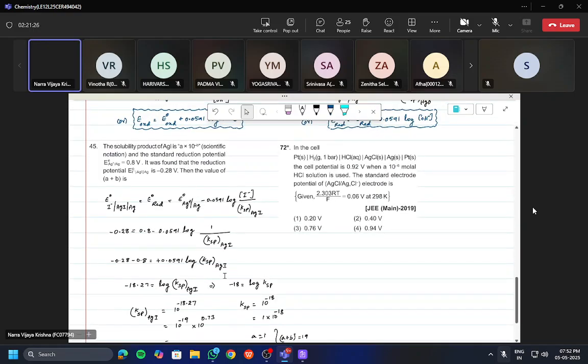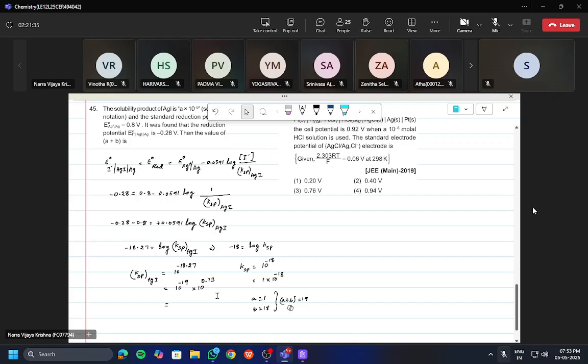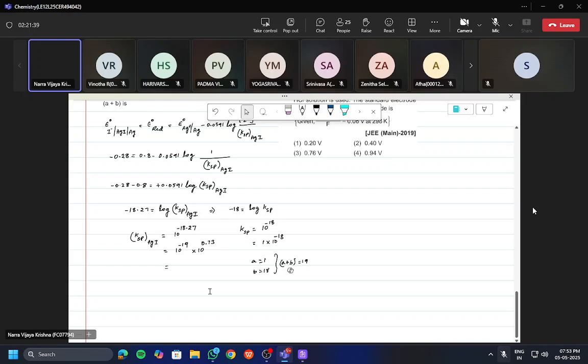In this question, two things they missed. One is the concentration of I minus. Second thing, rounding off. They should not do it. Right? Or they might have assumed this as 0.06. Let me think in that way. If I consider 1.08 divided by 0.06, perfectly you are getting 18.